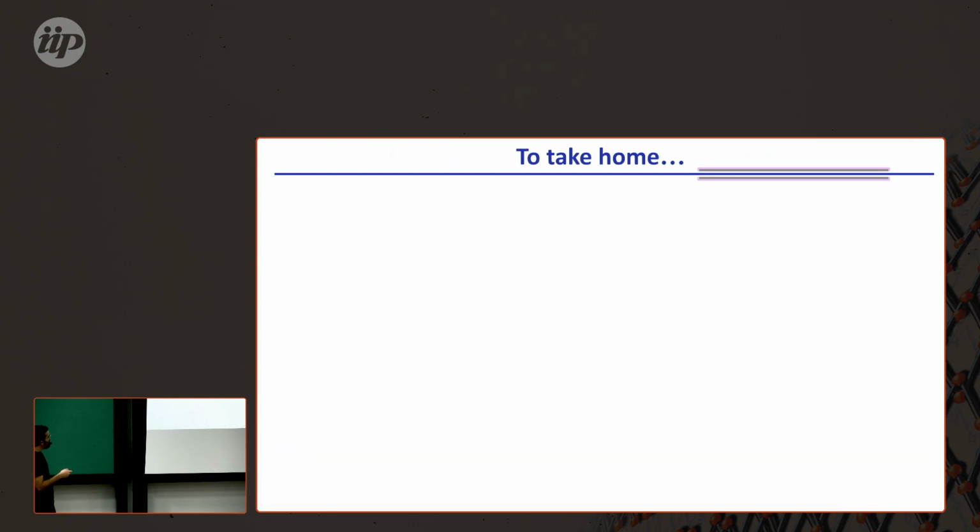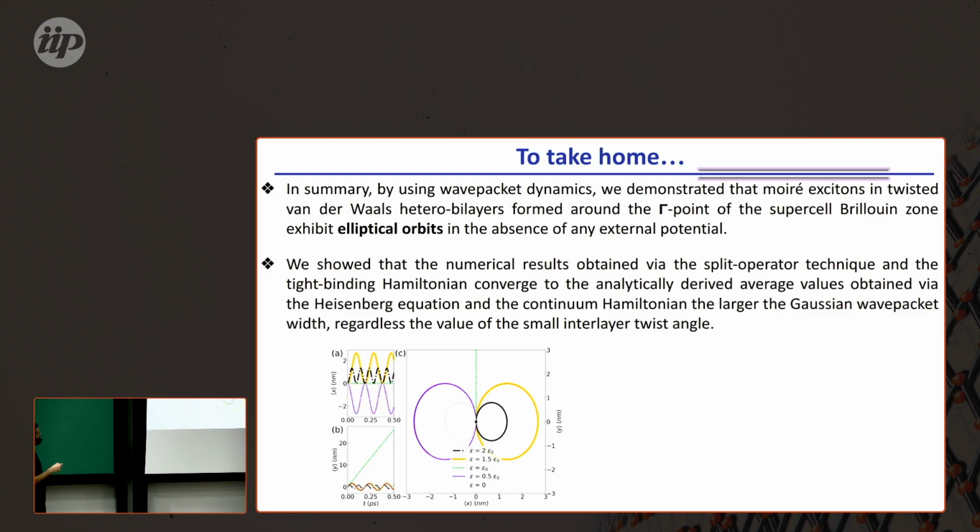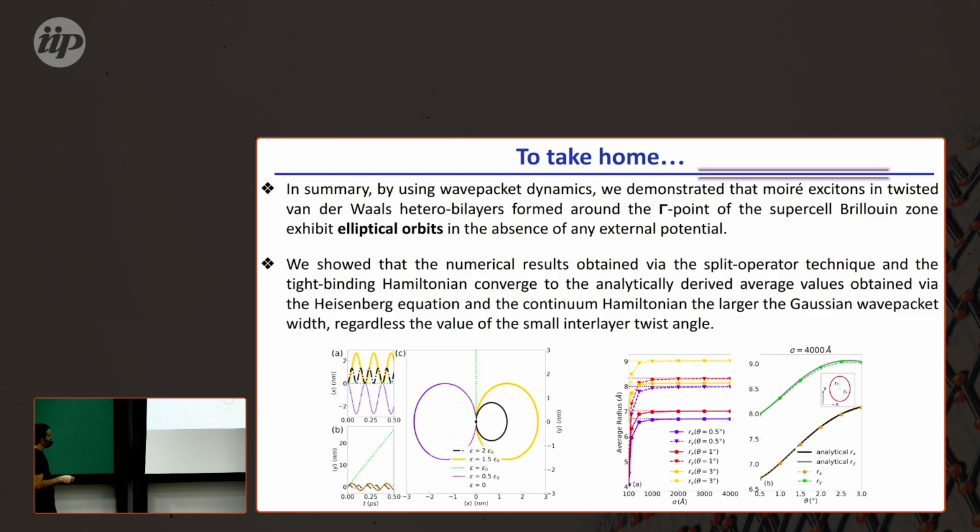A final comment is that we got elliptical orbits for those Moire excitons without taking any initial momentum for the Gaussian wave packet, and our prediction using a continuum model and the Heisenberg equation of motion matches perfectly. The larger the initial Gaussian wave packet is, the better.